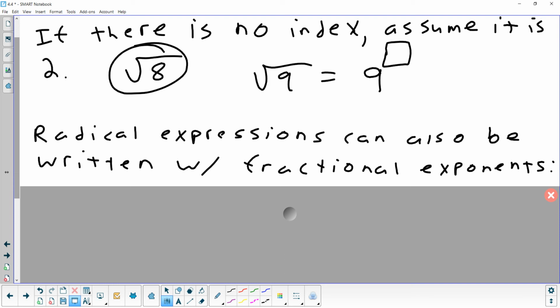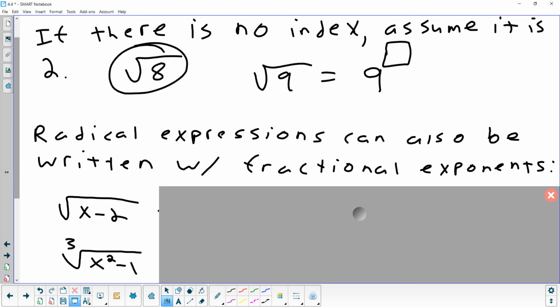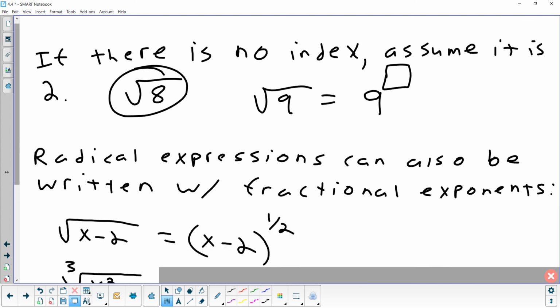Yeah? The 2. So what's the square root of 9? 3. And what's 9 to the second power? Are they the same? No. So it's not a 2, but it does have something to do with a 2. Yep. 1 over 2. Good. So if you have a square root, it's the same thing as writing it to a 1/2 power.